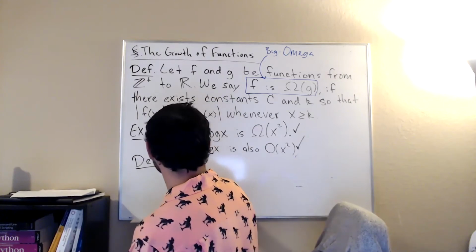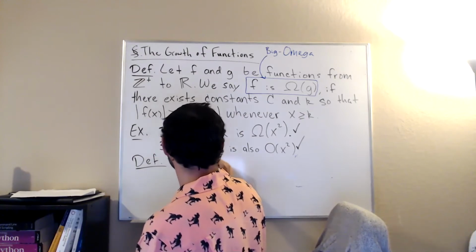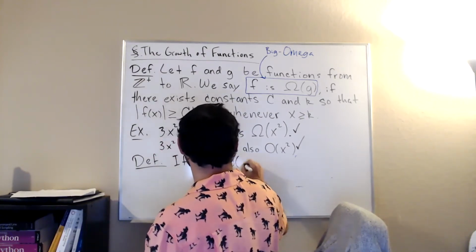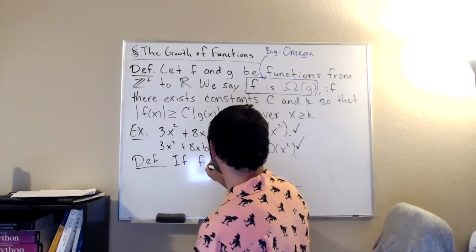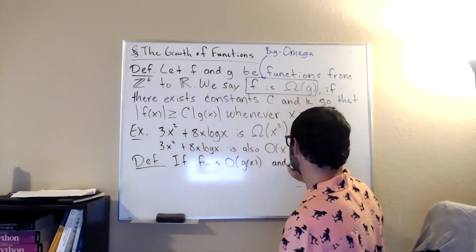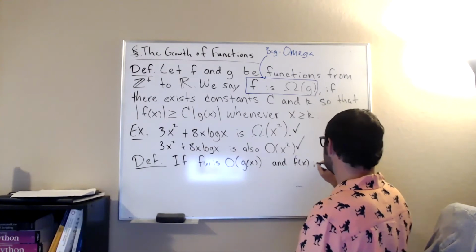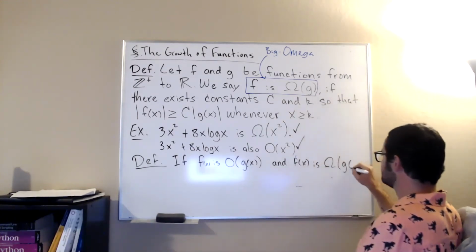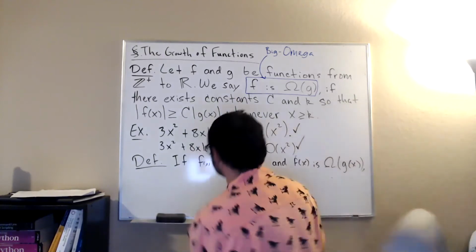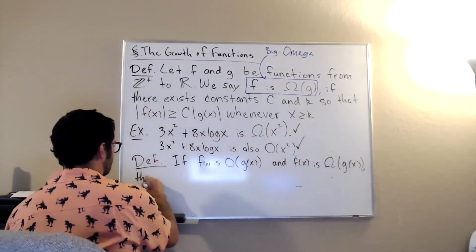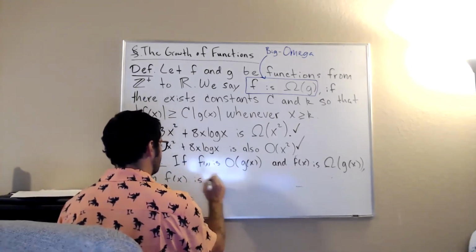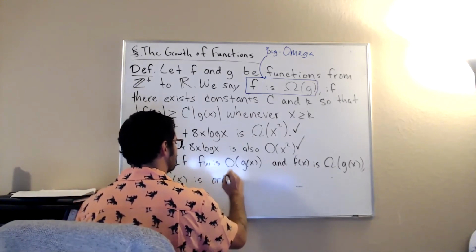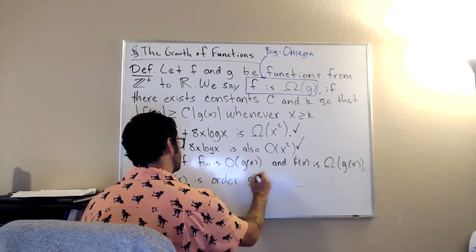So if f is big O g of x, and f of x is big omega g of x, then f of x is order g of x.